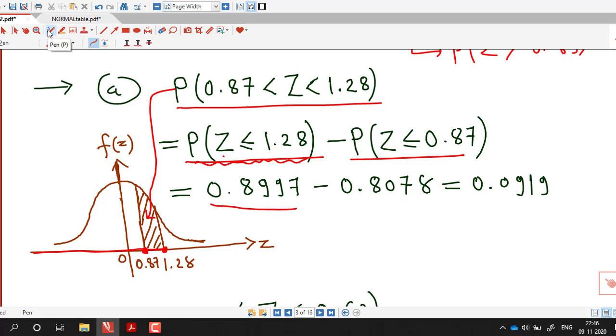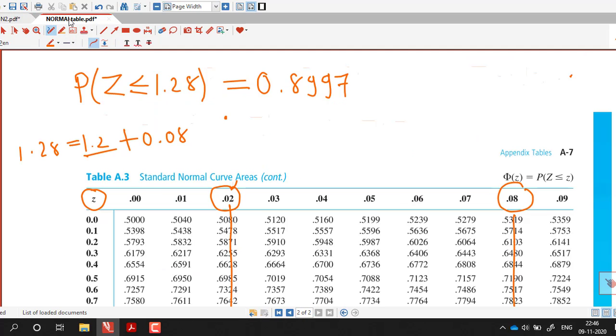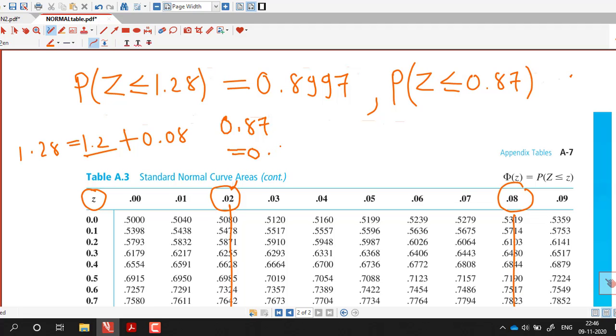Now we are interested in z less than or equal to 0.87. So 0.87 can be written as 0.8 plus 0.07. So this is the z value, and here we have to go up to 0.07.